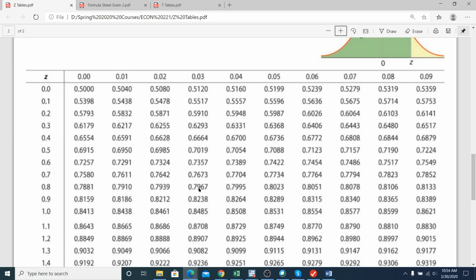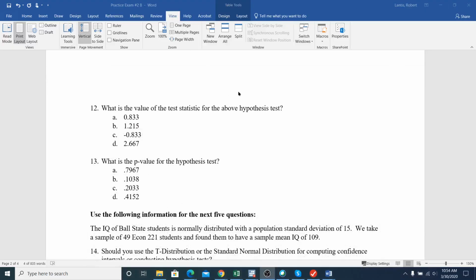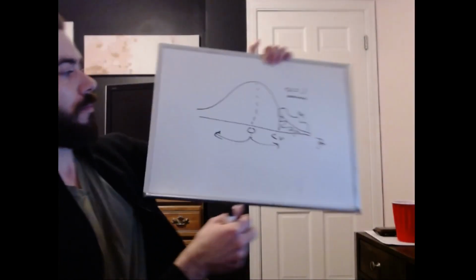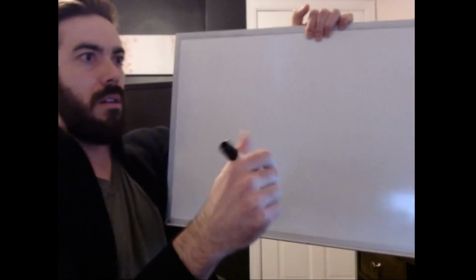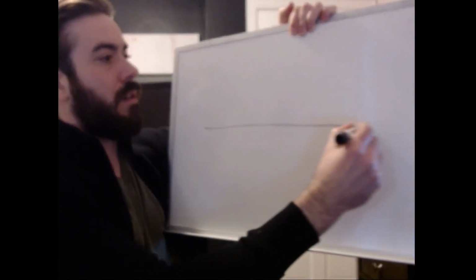But we're dealing with a right-tailed test, so we don't want the area to the left. We want the area to the right for a right-tailed test. So 0.7967 is the area to the left of our test statistic. I'll redraw everything we've got going on here.